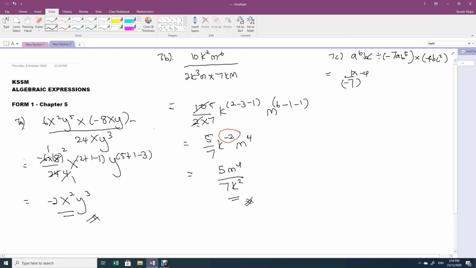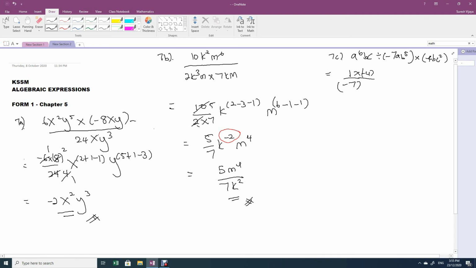Then we multiply the variables. What we do is we solve the number first: 1 divided by negative 7 times negative 4.